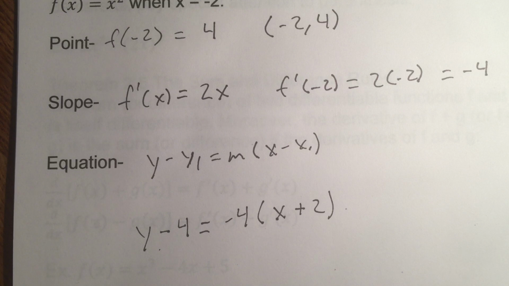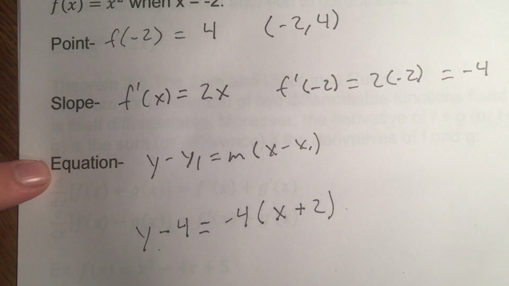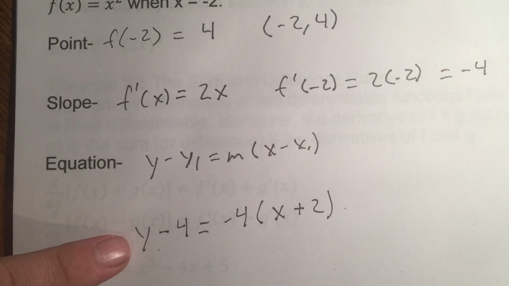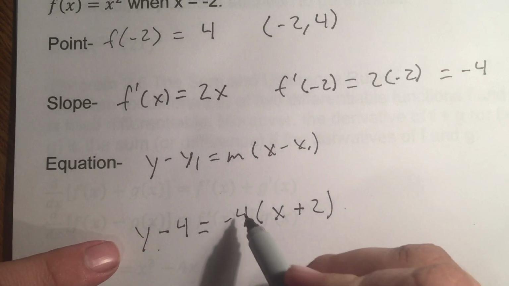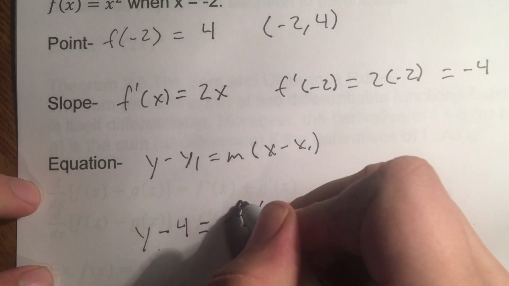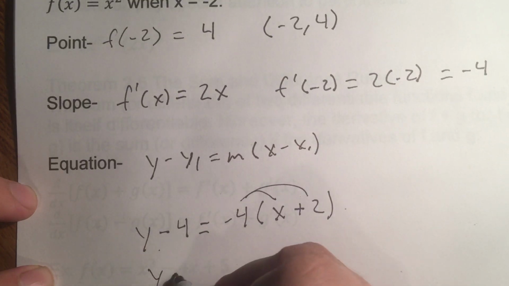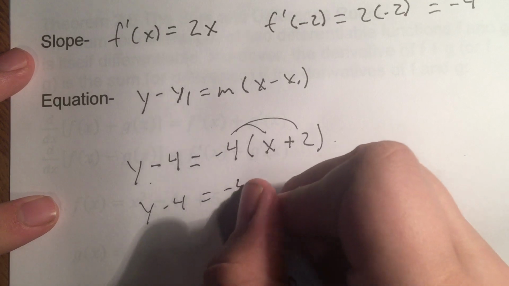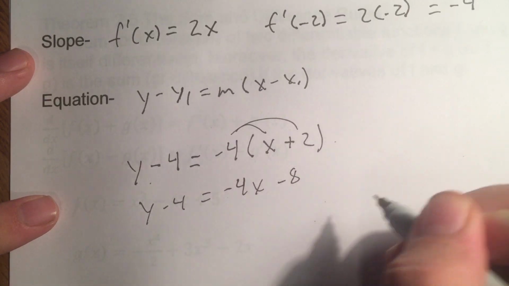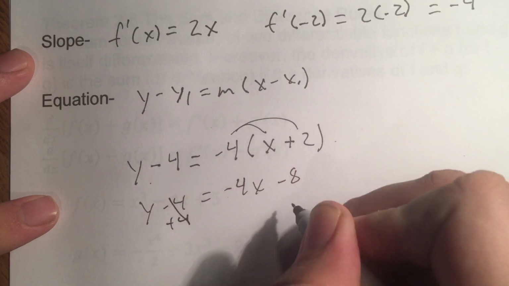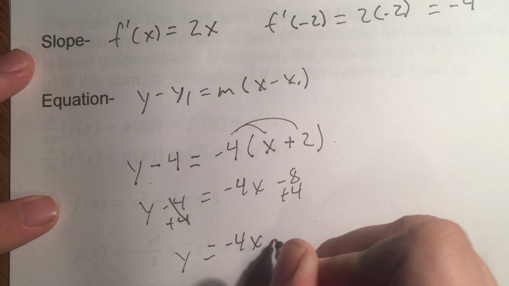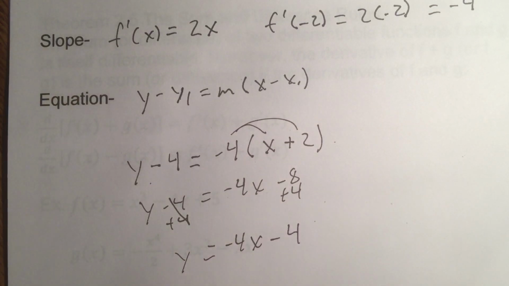And there's your equation. As long as it doesn't say write the equation in slope-intercept form, this is good. If you do need the slope-intercept form, you just solve for y. So distribute the negative 4 in, and you'd have y minus 4 equaling negative 4x minus 8, add the 4. So y would equal negative 4x minus 4.